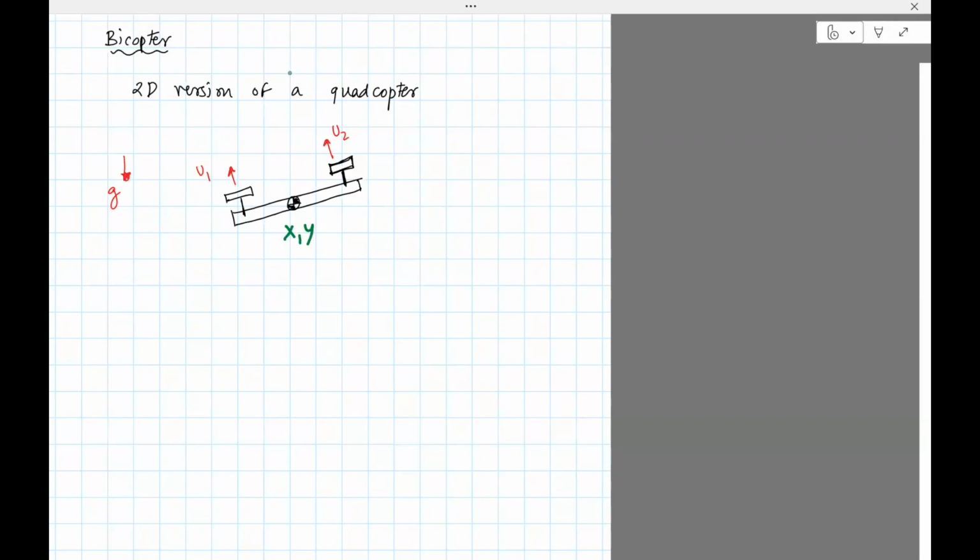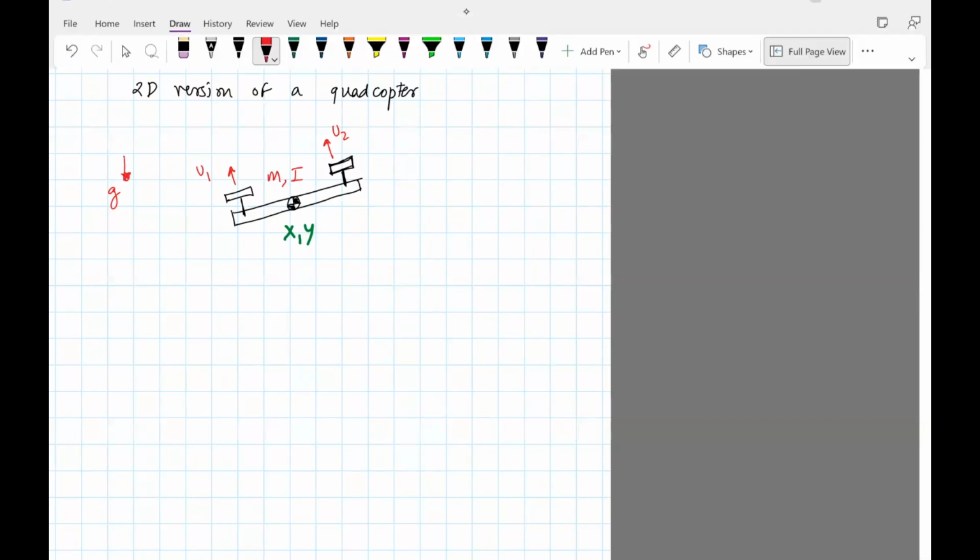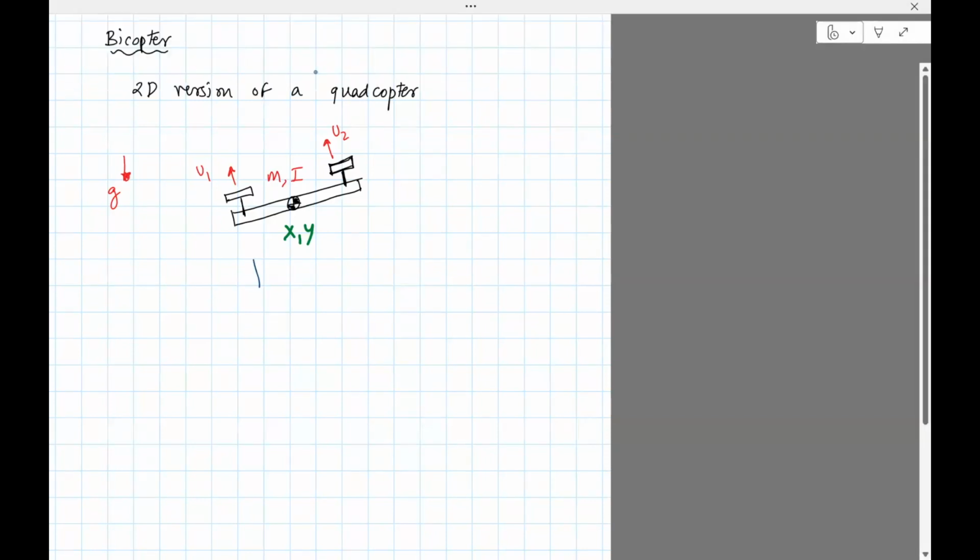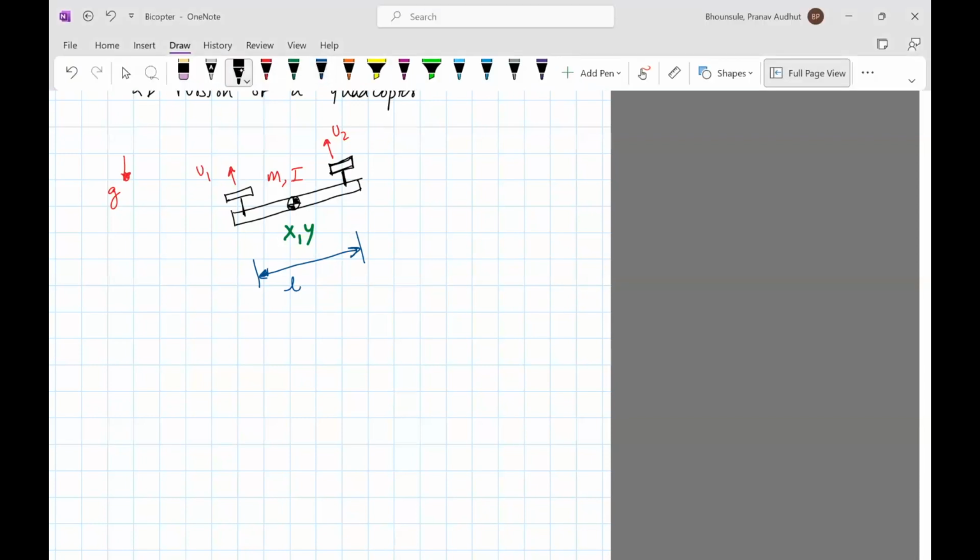Let's put x, y to be the location of the base. Let's say that the mass is m, inertia is I. So this is the inertia of the entire system. Assume it to be at this midpoint, and let's give it some length. This is the distance between the attachment points of the two propellers.